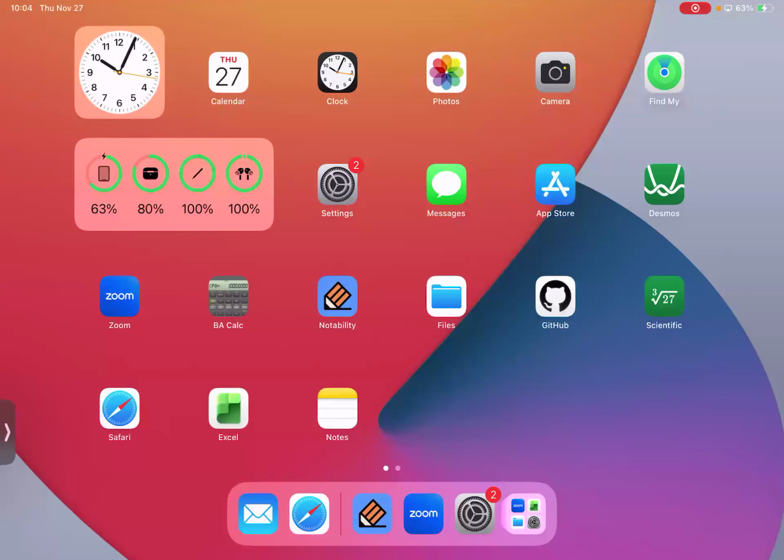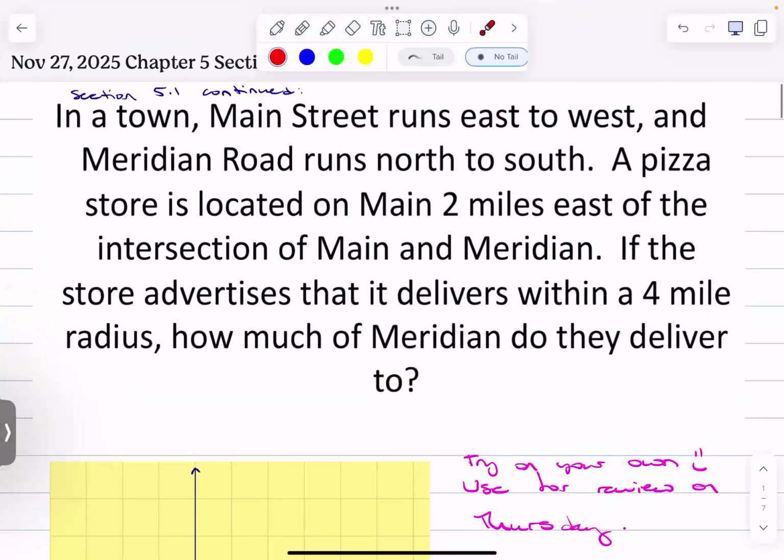So we'll do 5.2 and 5.3 today, and then finish our pizza delivery problem. And then we'll do, I guess in a way, trig review on Tuesday, and then final exam. Kind of an overview, but any questions that you have, you can bring them in. And then that's it.